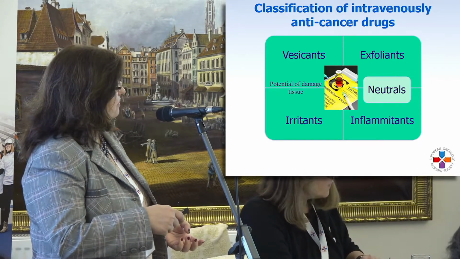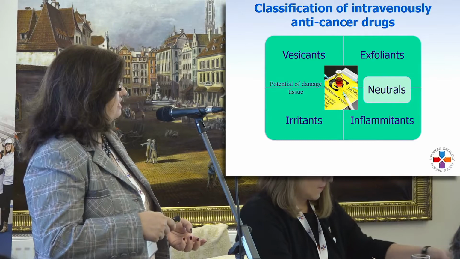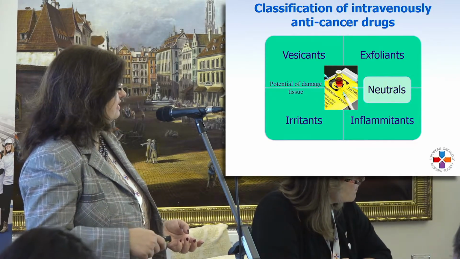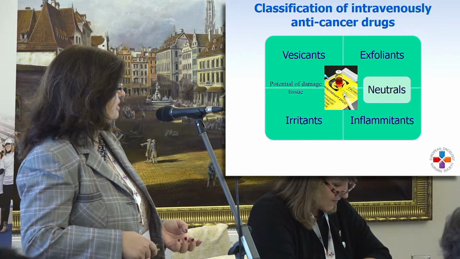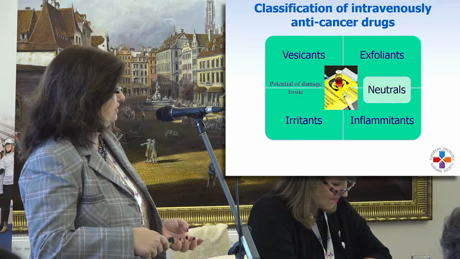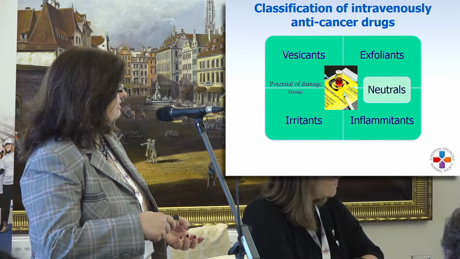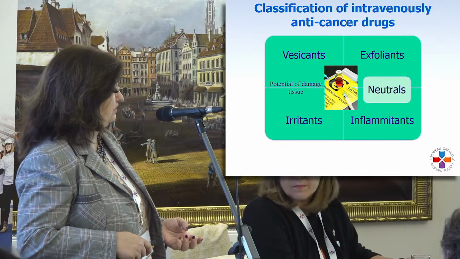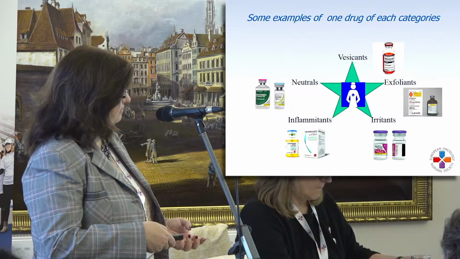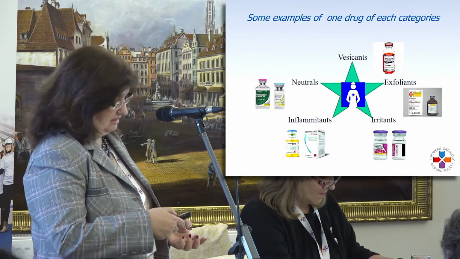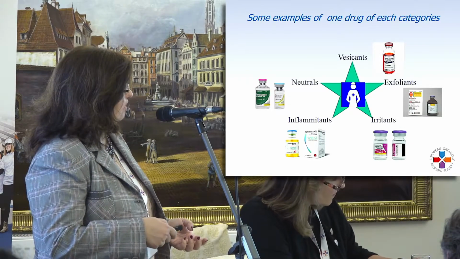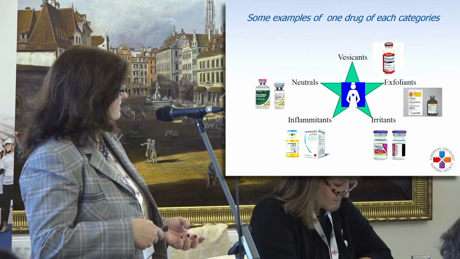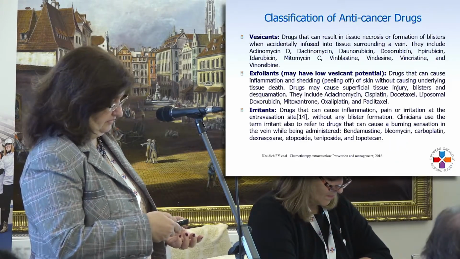So we must know how the anti-cancer drugs are classified. We have the vesicants, the exfoliants, the inflammatories, irritants, and neutrals. And this classification is based on the potential for tissue damage. These are some examples of vesicant drugs, exfoliants, irritants, inflammants, and neutrals.